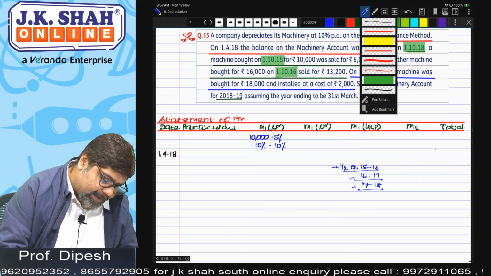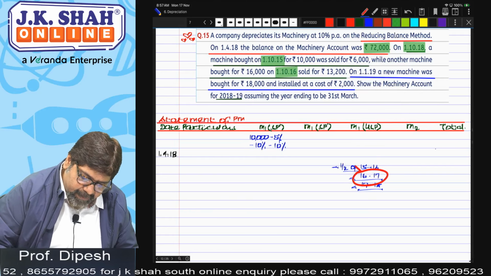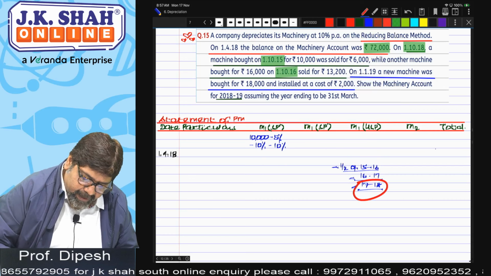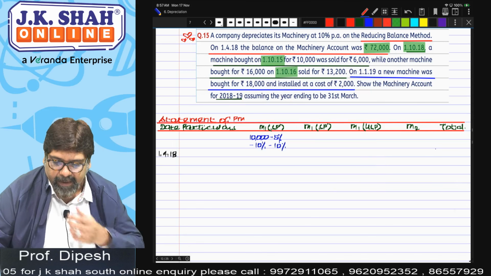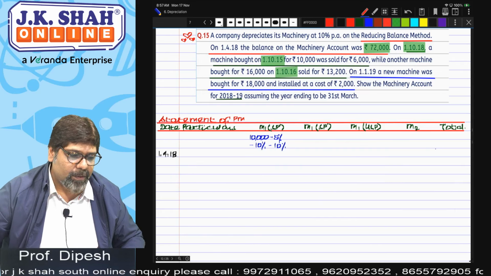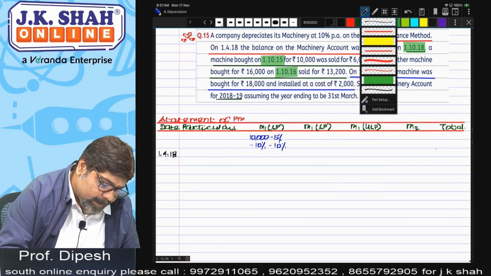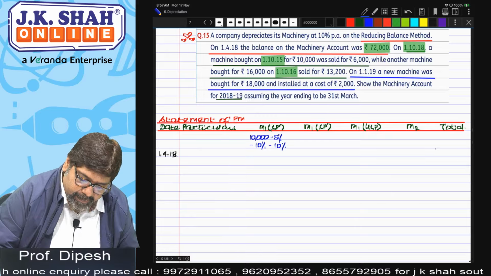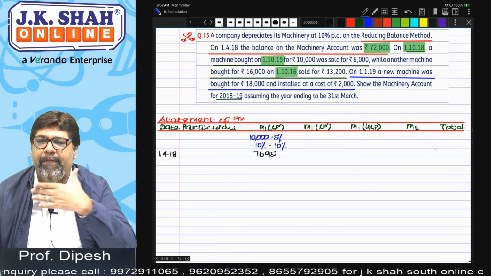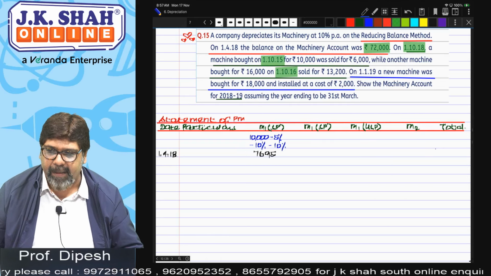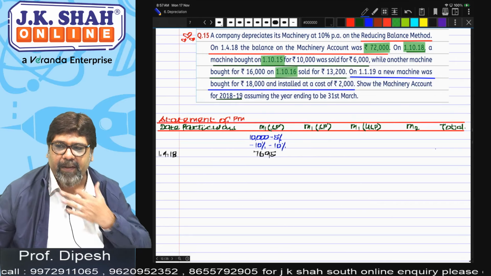So now tell me the value of the asset remaining. 7,695. Don't subtract total 25%. Minus 5%, minus 10%, minus 10%. 7,695. Very good.